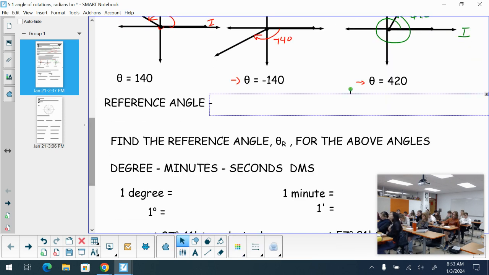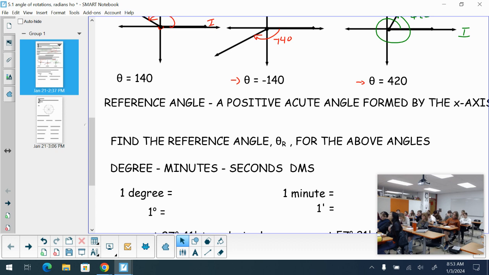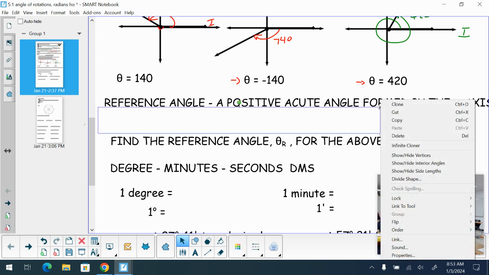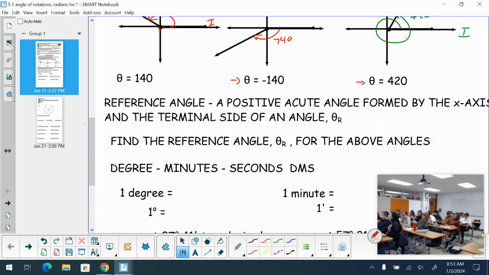Reference angle. A reference angle is a positive acute angle, and this could also be right, I guess.